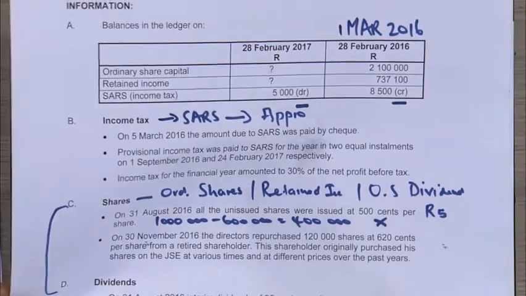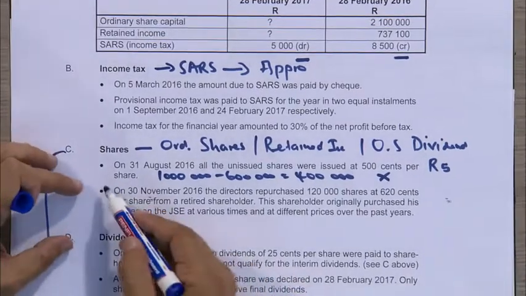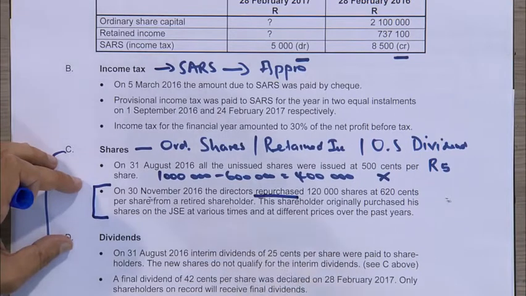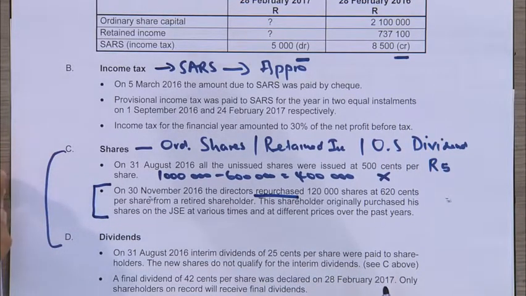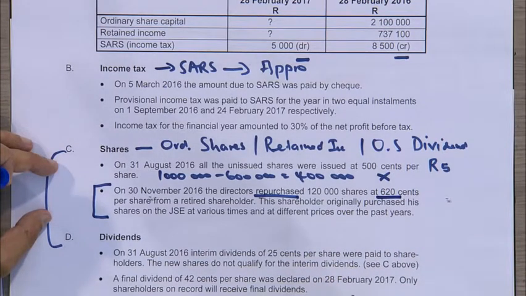Okay. Then, a very important part, where they're talking about the buyback or the repurchase. Okay. It says on the 30th of November, the directors repurchased 120,000 shares at 6 Rand 20 per share from a retired shareholder. He originally purchased his shares on the JSE at various prices and at different times over the past years.